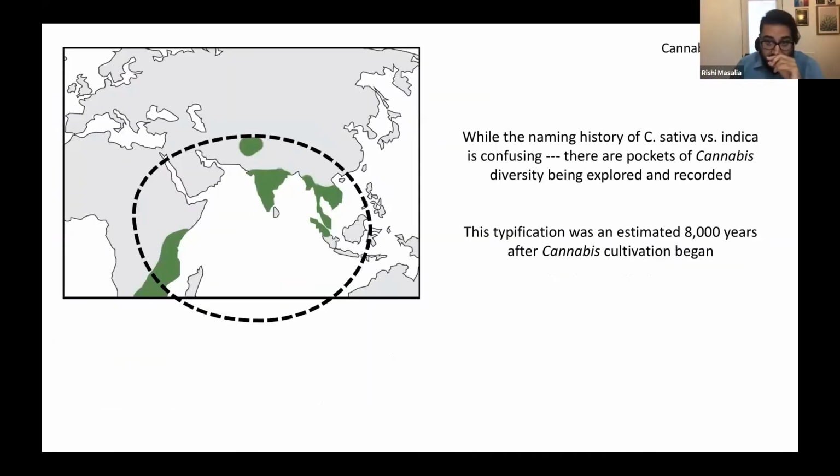Something else that adds to this cultivation history is what's called, in the black circle, the monsoon marketplace. This is where people were trading plants. There's a hotbed of trade activity in the 1700s and 1800s in this area.